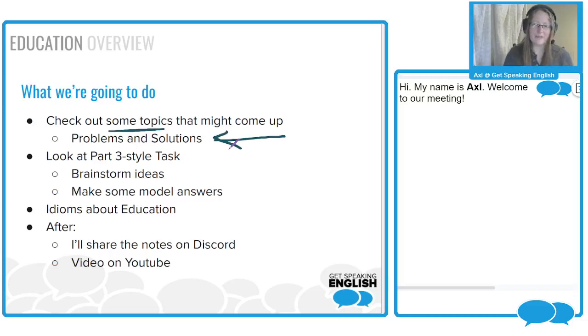Then we're going to look at a Part 3 style task. We're going to brainstorm some ideas for talking about that task, maybe come up with some model answers that we could all learn from. And then at the end, we're going to check out some idioms about education. So I have some things for you there.